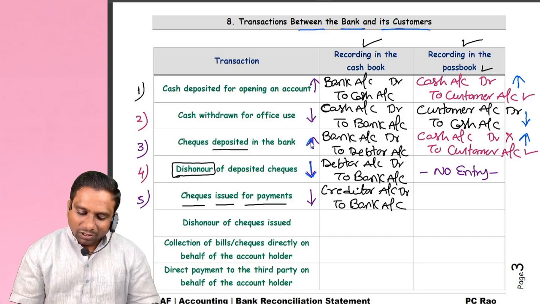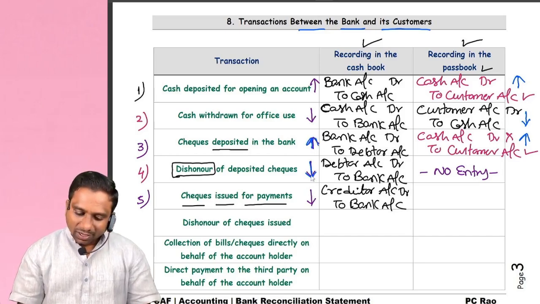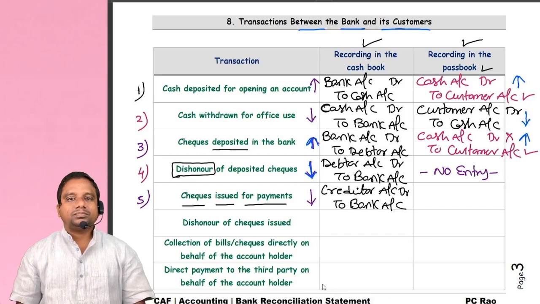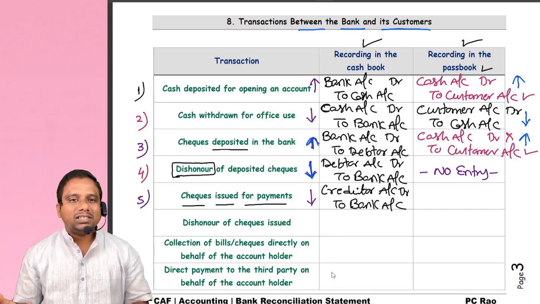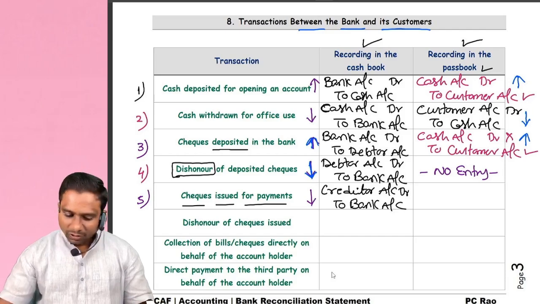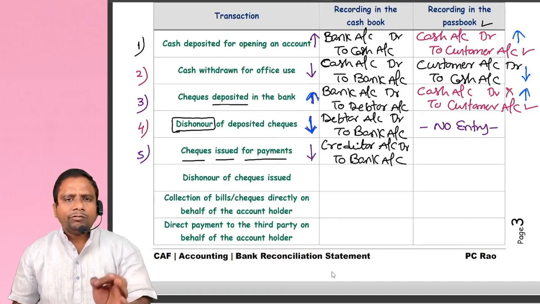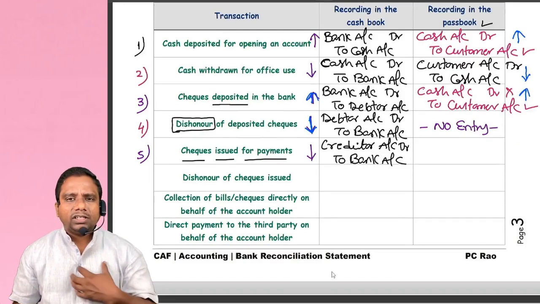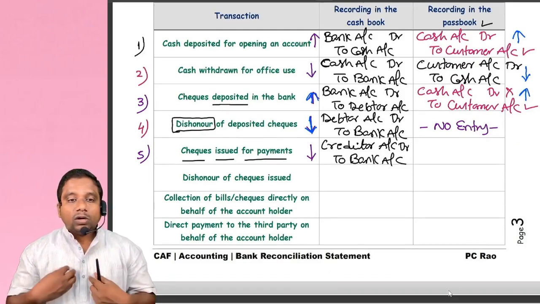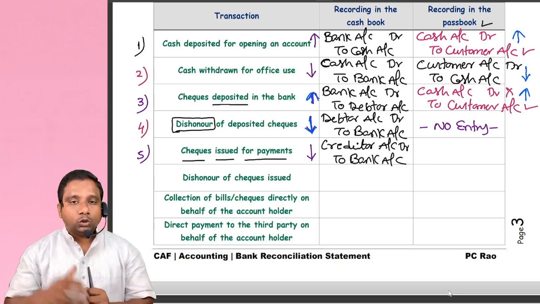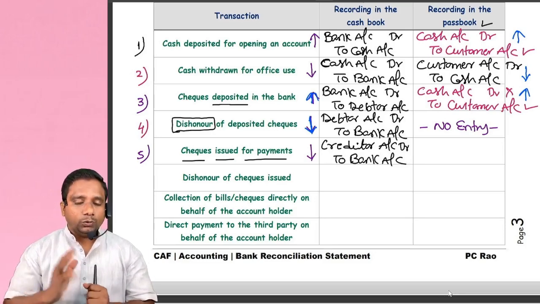Cash book one time increase, cash book one time decrease, effect nullified, but whatever the balance we have in the bank, the same balance remains now. Now look at the fifth one, checks issued for payment. We record the entry creditor account debit to bank. Now I have given check to you today.